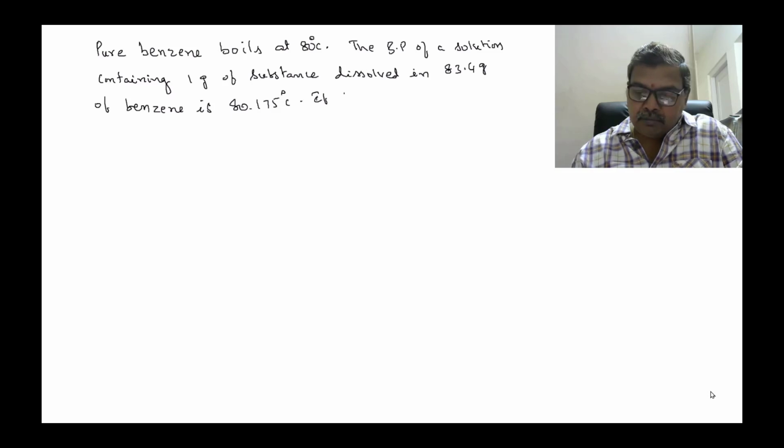If the latent heat of vaporization of benzene is 94 calorie per gram, calculate the molecular weight of the solute.